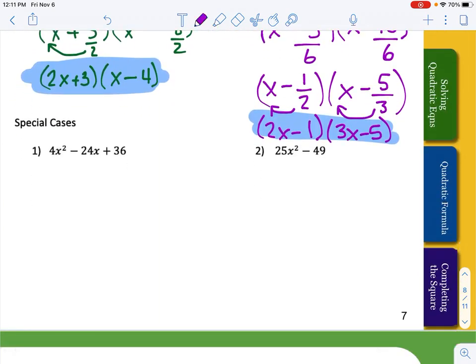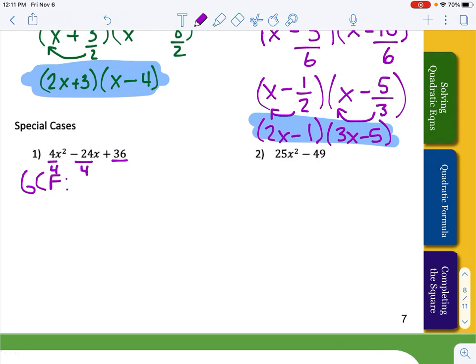In this case, though, if we look, we actually do have a greatest common factor. It is 4. We can divide all of these terms by 4, which means we can pull a 4 out front. We are left with x squared minus 6x plus 9. And we can go ahead and factor this like we did previously.